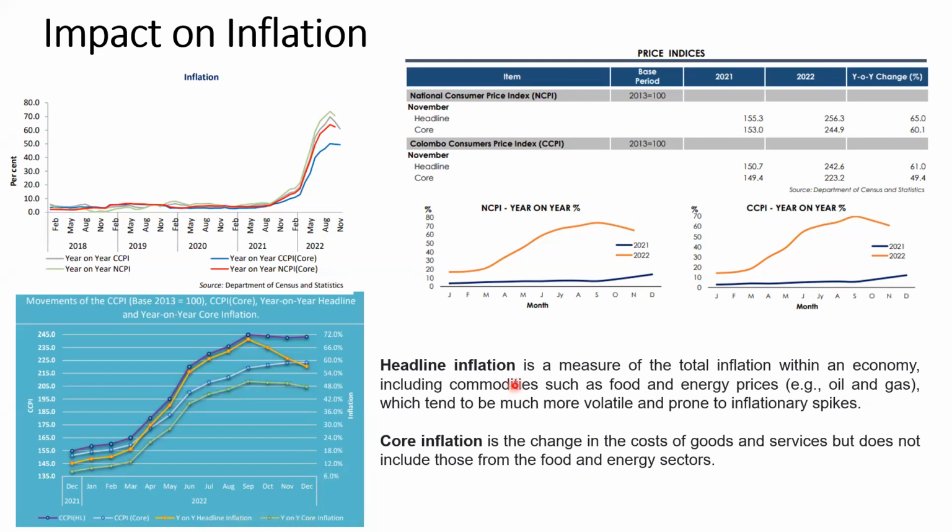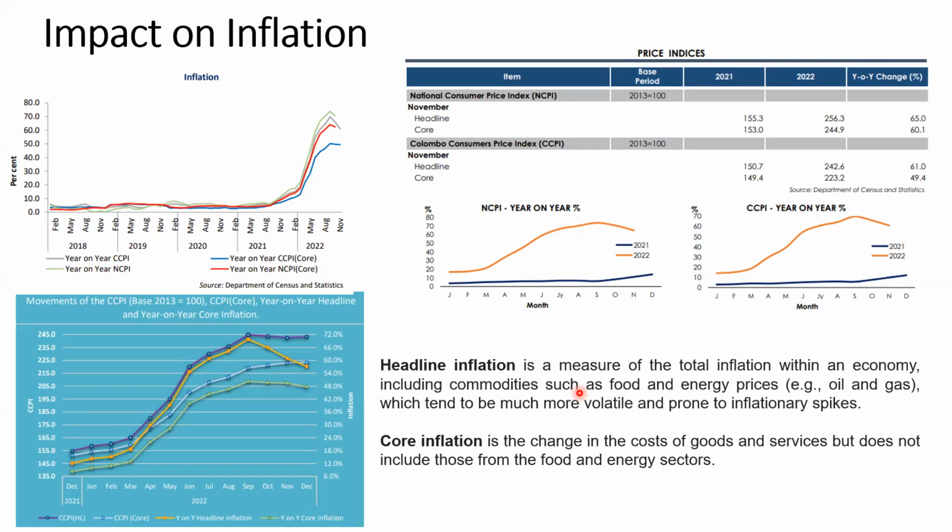Headline means including oil and gas, energy and food. It's not only related to Sri Lankan terms, it's a world standard given for inflation. When you include food and energy, that will show you the total inflation. It gives a very high inflationary aspect.